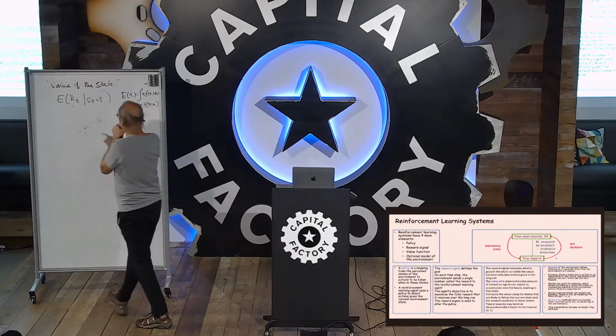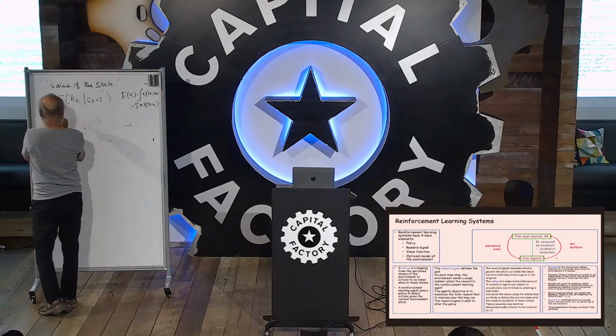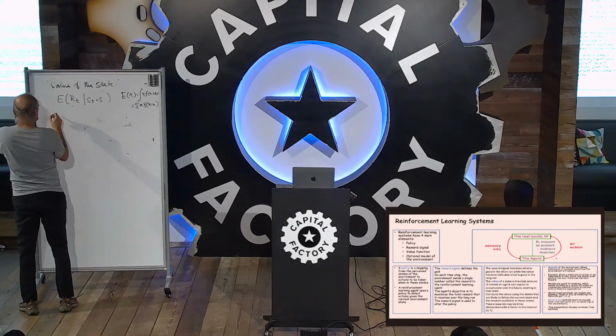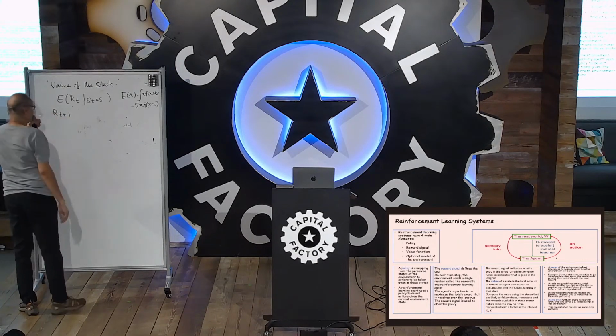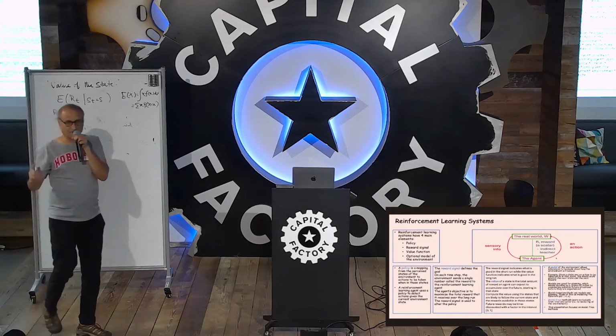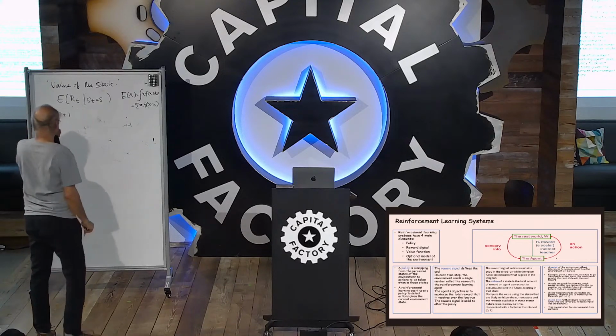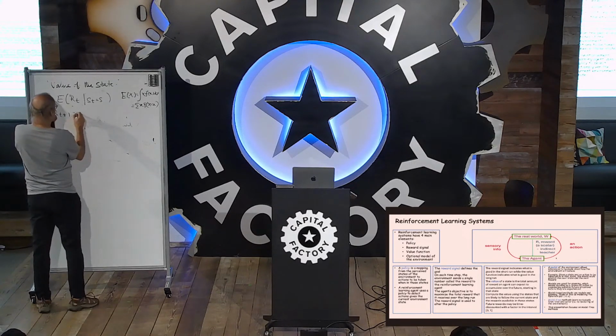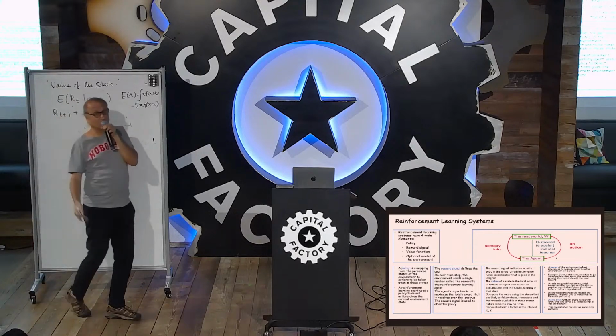And so if you look at this reward here, you start at a state S, and then you have a reward you see at time t plus 1. And then we are also looking at the long-term rewards.